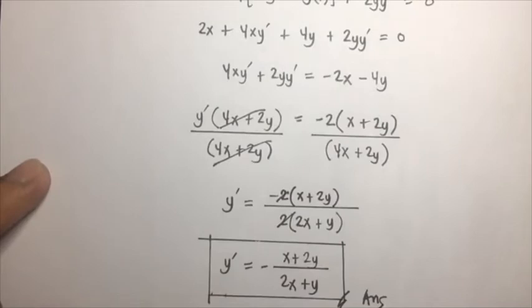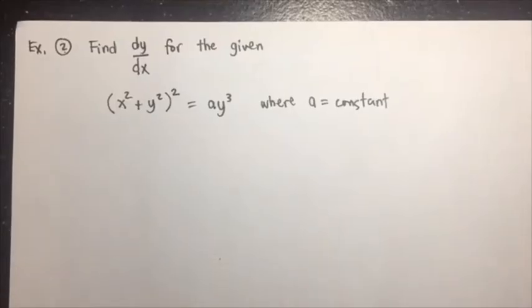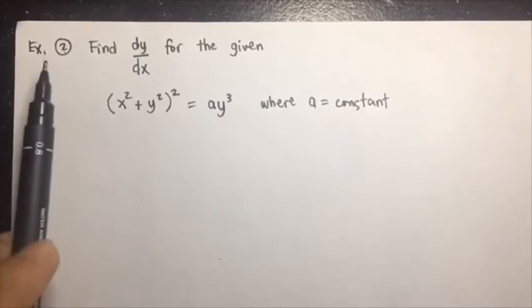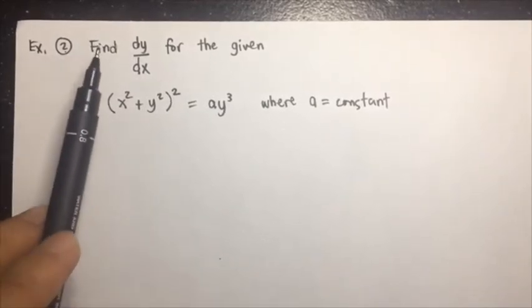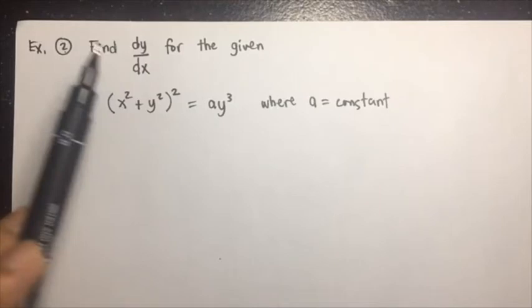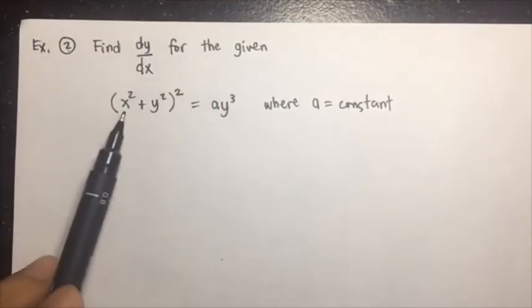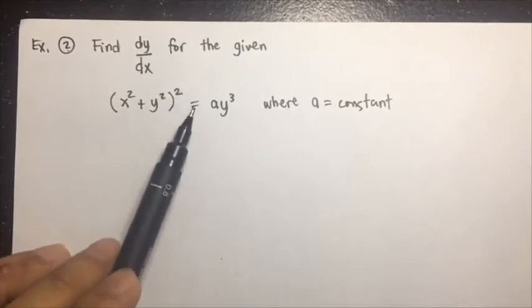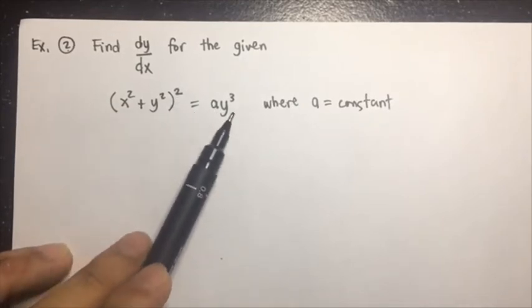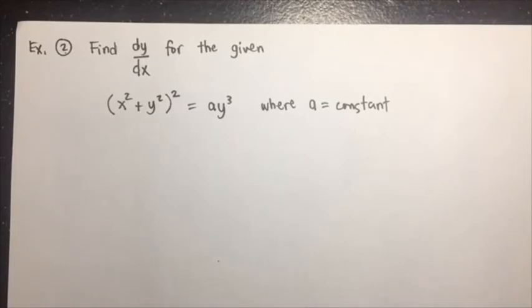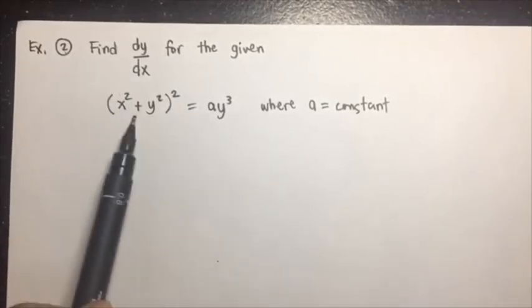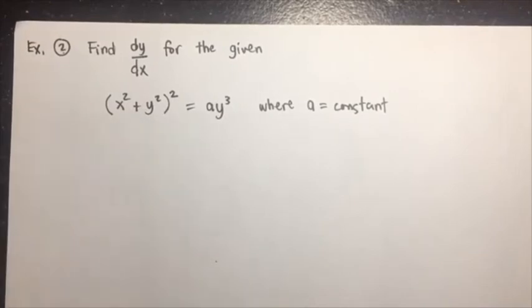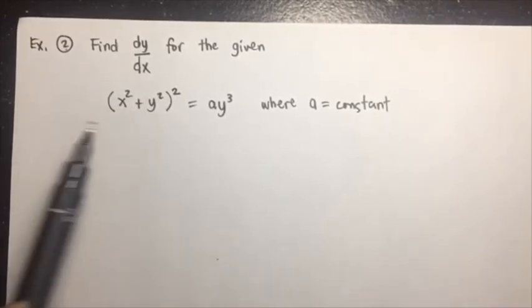Okay, so let's proceed with our second example. For our next example, we have this one. Find dy over dx for the given x squared plus y squared squared is equal to a y cubed, where a is a constant. Okay, so deriving this with respect to x, derive directly each term.